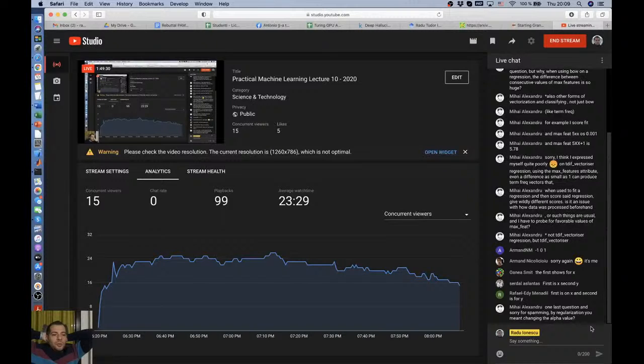So if alpha is the regularization parameter for your model, you can change alpha. It depends on the model. For SVM, you have the parameter C. For kernel ridge regression, I think you have lambda, or maybe it's called alpha.